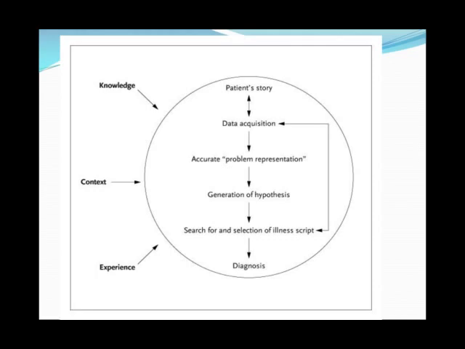And if we don't, we can always go back and get more data. But once we have a fairly good idea of the problem, and we'll go through some examples, so I think this will make more sense later, then we can generate a hypothesis.